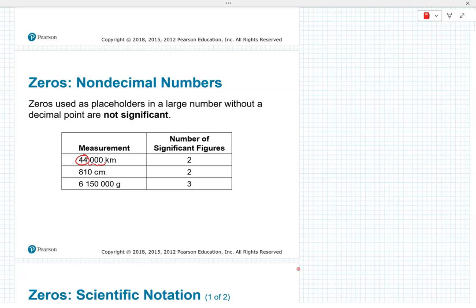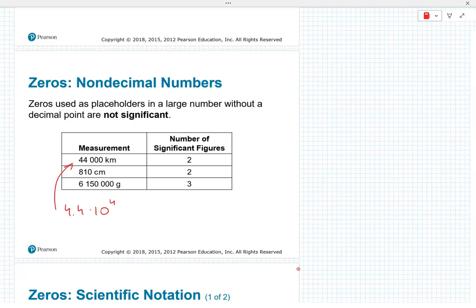Zach is right, scientific notation answers all your questions. So in the case of 44,000 kilometers, I'm asking you to write it in scientific notation. Now those 3 zeros disappeared.